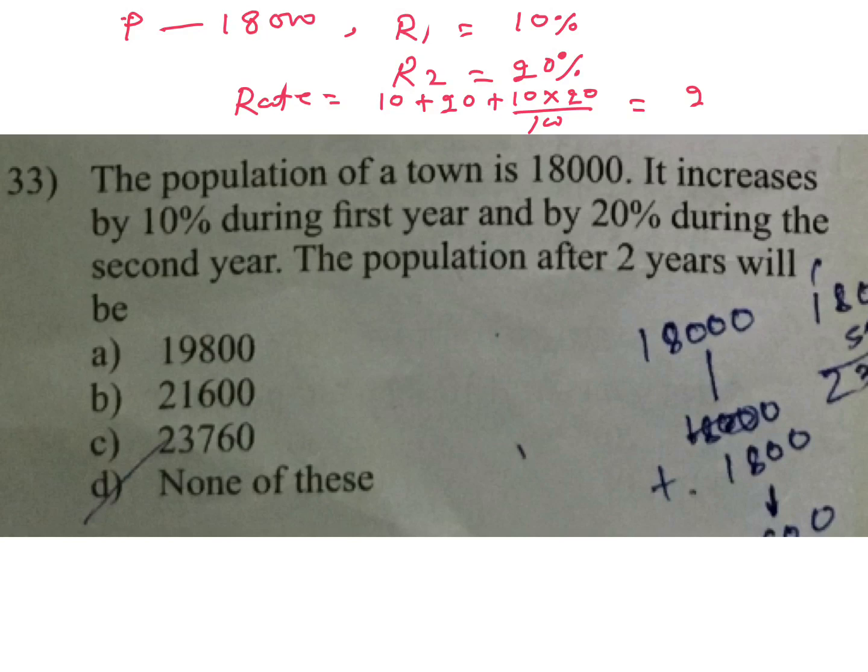This is the combined rate increase. So initial is 18,000 into 32%. So 18 into 32, it's 180 into 32. You will get 5760.